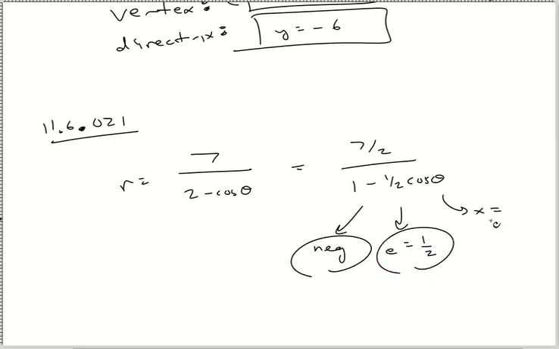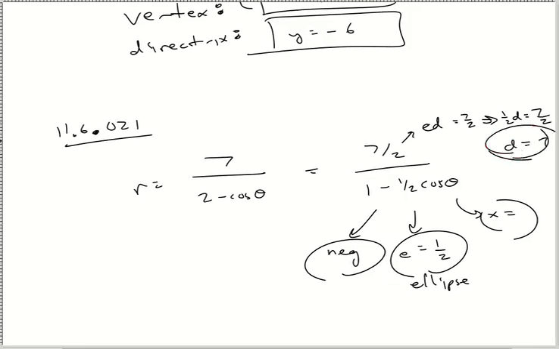This, by the way, is an ellipse, because e is less than 1. And ed is equal to 7/2. But I know that my e is 1/2. It's interesting: half of d equals half of 7, so d equals 7. Just a thought there.